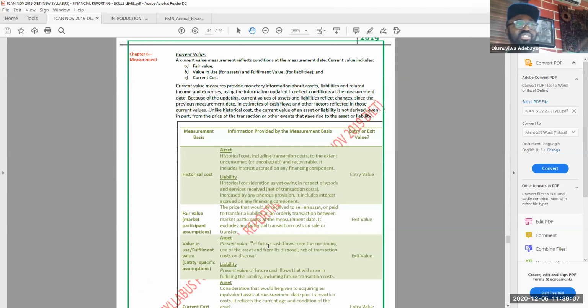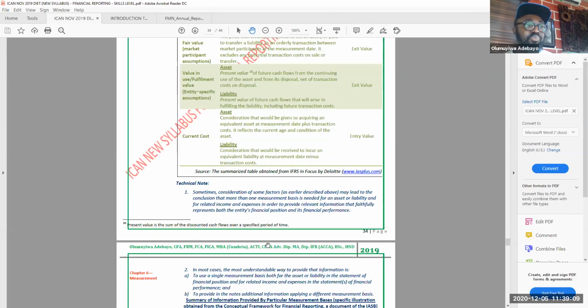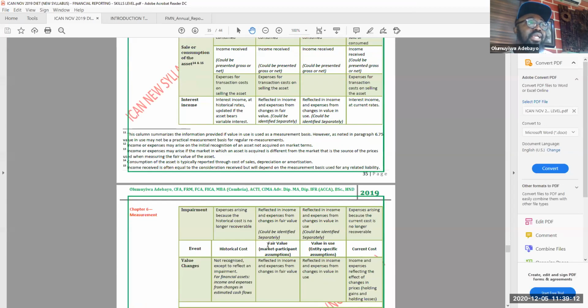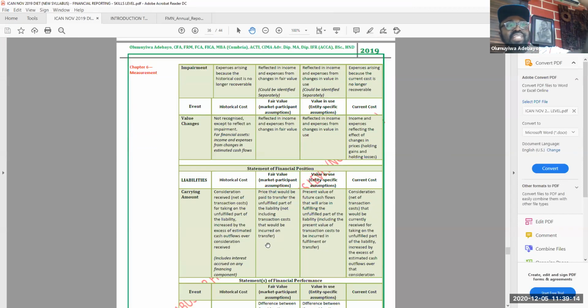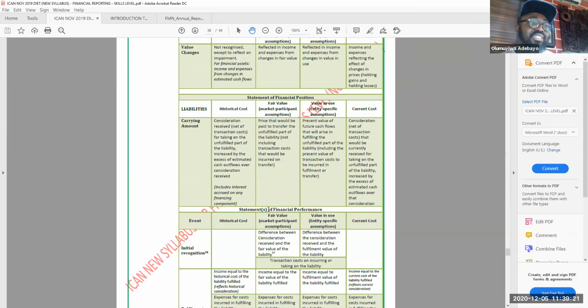But you can also read further on that. And I've broken down scenarios of various valuation considerations for assets, liabilities, and equity.